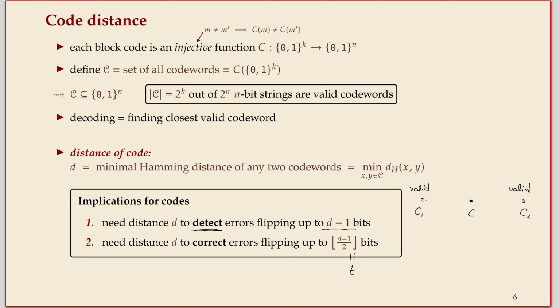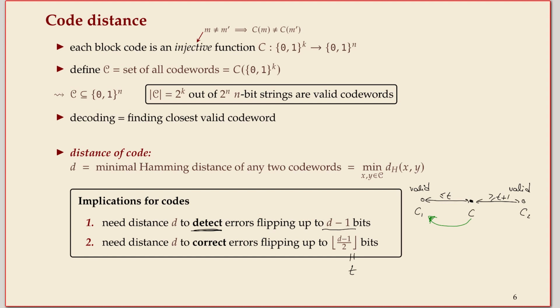Well, if these are both within distance t, then you don't know which one is the correct one. Then it's not unique. So you need at least one of them to be at distance strictly more than t to decode that message. So say if that is at least t plus 1, and this is at most t, you would decode this as if you had received C1 originally.